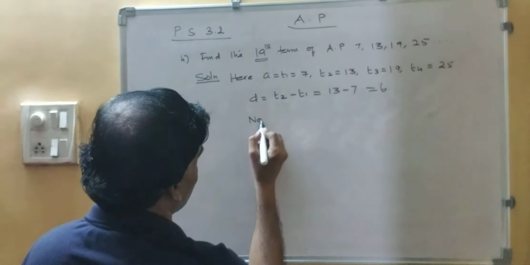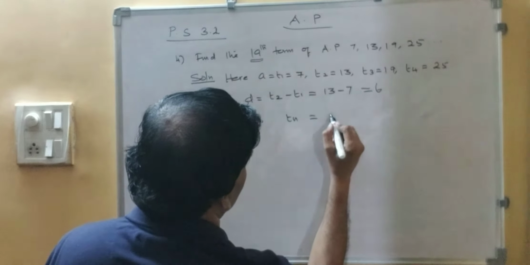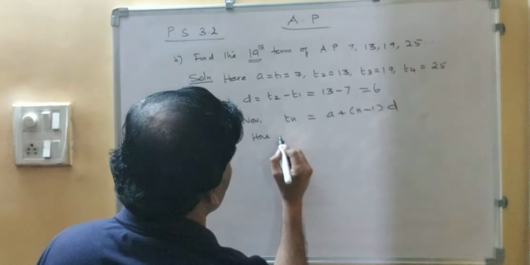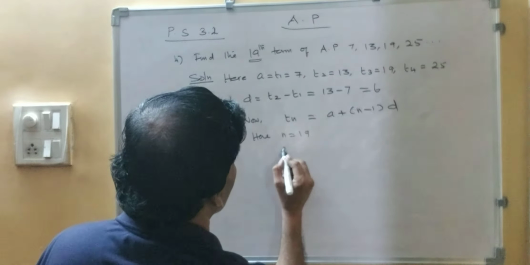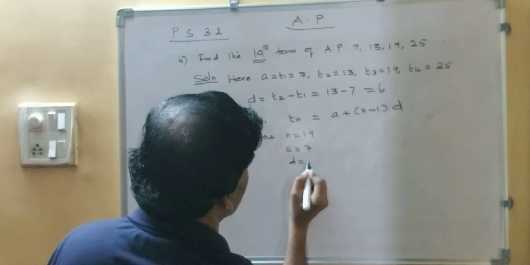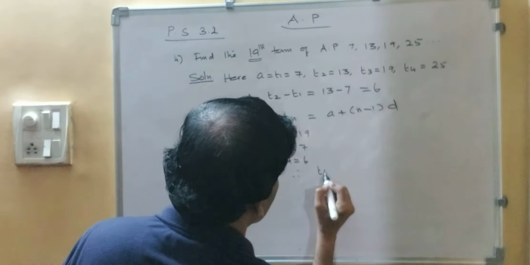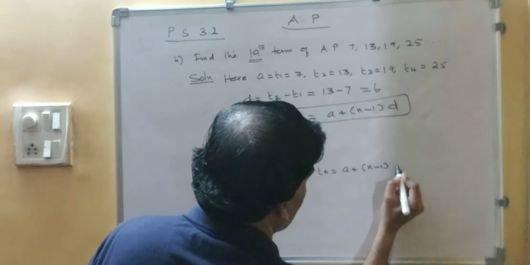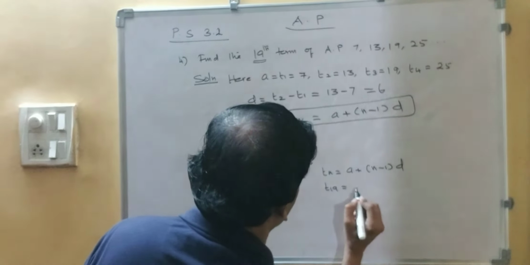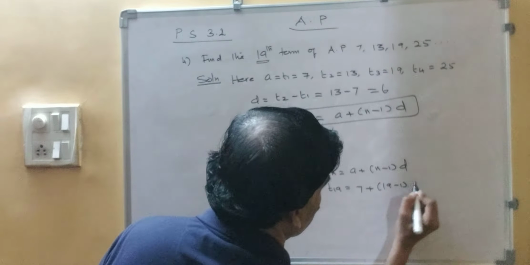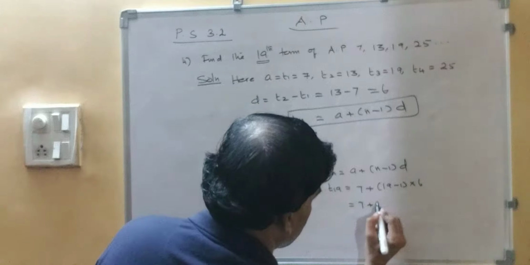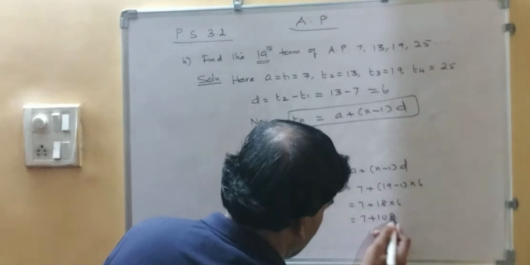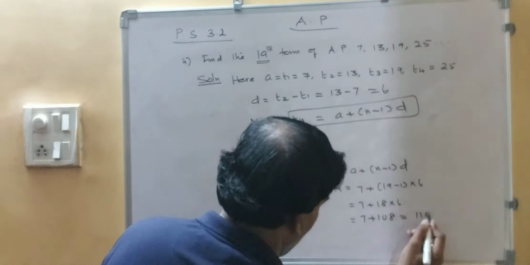Now what is the formula? Tn equal to A plus n minus 1 into D. Here n equal to 19, A equal to 7, D equal to 6. Therefore, T19 equal to 7 plus 19 minus 1 into 6. 7 plus 18 into 6 equal to 7 plus 108, which is equal to 115.